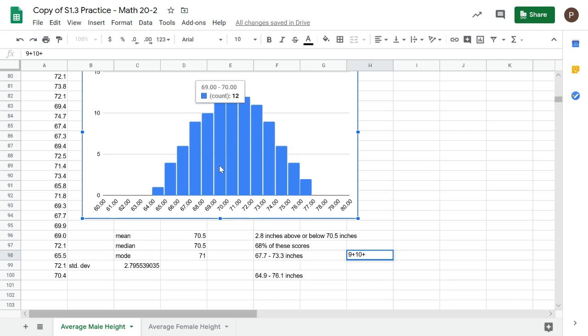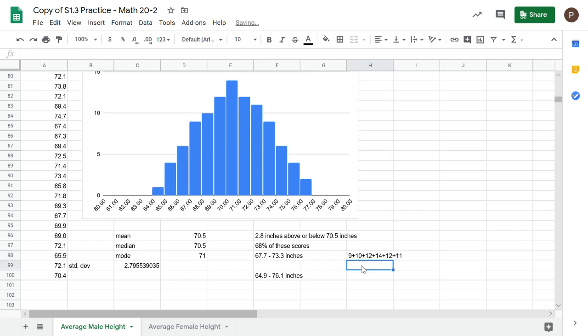Between 69 and 70, I had 12. 70 to 71, I had 14. 71 to 72, I had 12. And 72 to 73, I had 11. If I was to add up all of those frequencies, it turns out that that tells me 68 of the scores.